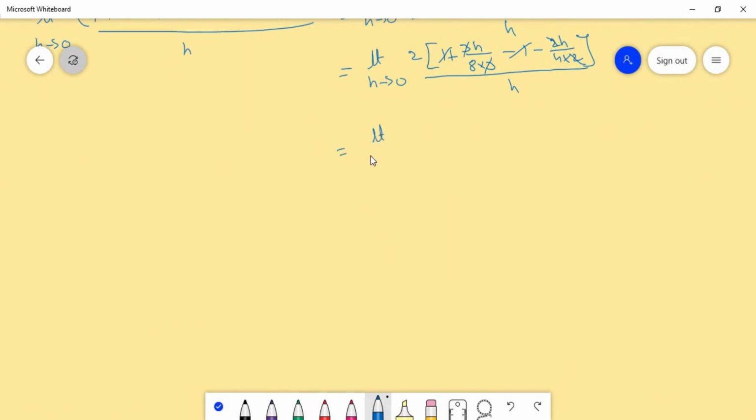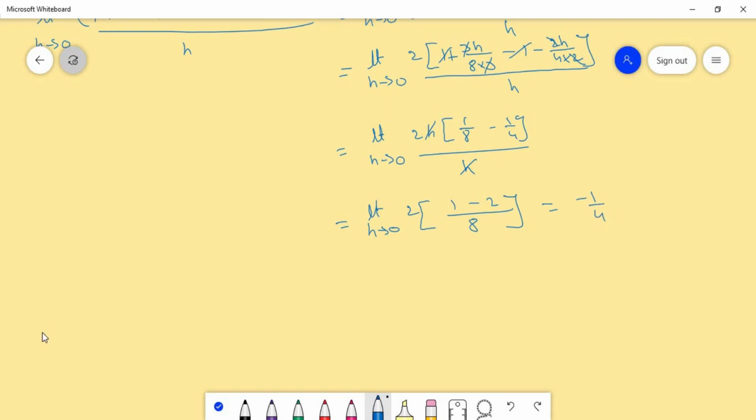Limit h tends to 0, 2 as it is, and from both h also I am taking outside. The remaining value is 1 by 8 minus 1 by 4, whole divided by h. Both h get cancelled. Then limit h tends to 0, 2 into (1 minus 2 over 8 LCM), that is equal to minus 1 by 4 is the answer.